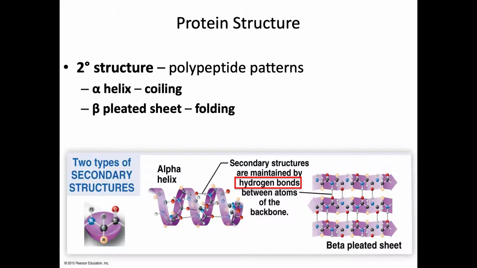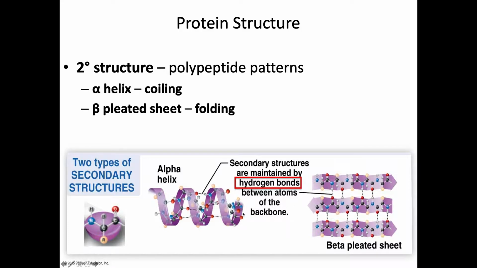The next level is the secondary structure, and this one is just how these polypeptides form patterns. There's 2 different patterns that they can form. They can form what's called an alpha helix, and this is just when it twists or coils together. Or they can form beta pleated sheets, which just folds together. There's little creases.